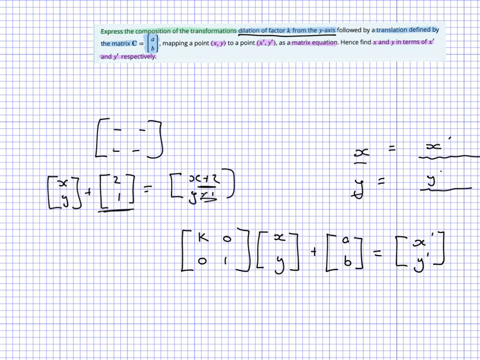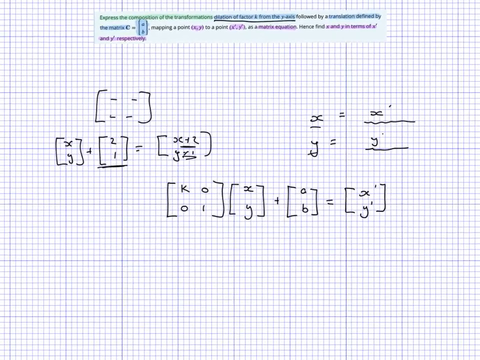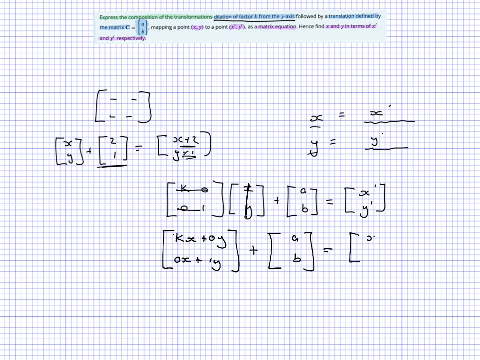So to start with, let's give ourselves a bit of space at the bottom here. Let's just multiply out this first because multiplication has to happen before addition. So we have kx plus 0y, and then the bottom row times the column is 0x plus 1y. All right, and then this hasn't been done yet, plus AB, and it still equals the image points.